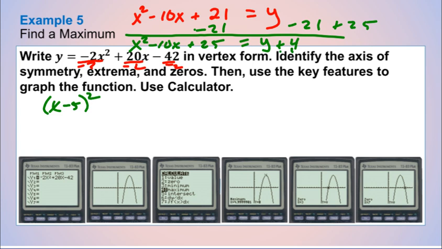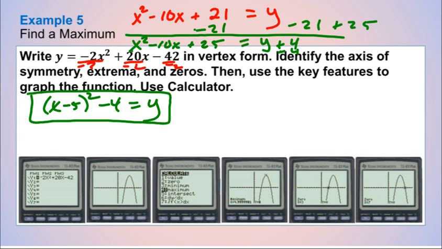Now if I subtract this 4 back on both sides, I now have minus 4 equaling y. This is vertex form. From that, I completed the square. This piece right here, x squared minus 10x plus 25, is right here. Then I subtracted the 4 on both sides, and I have vertex form.